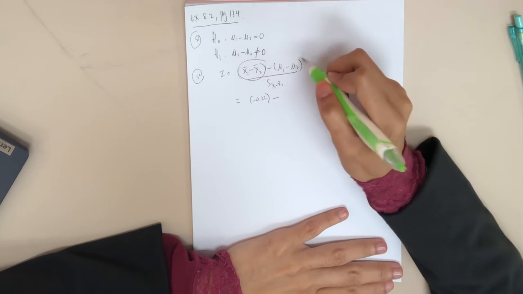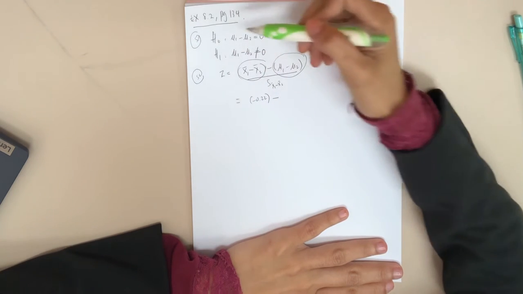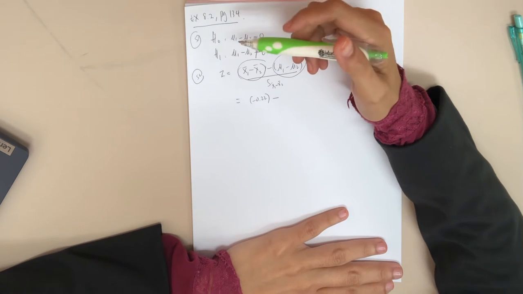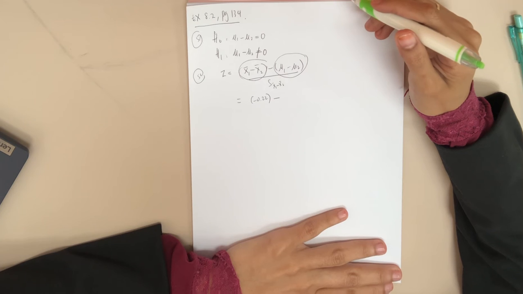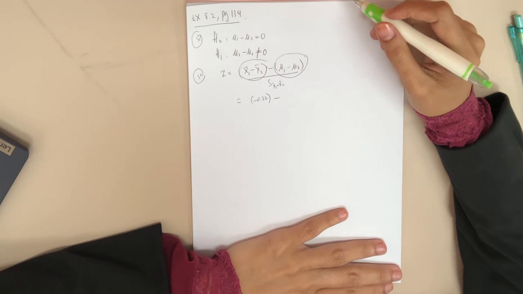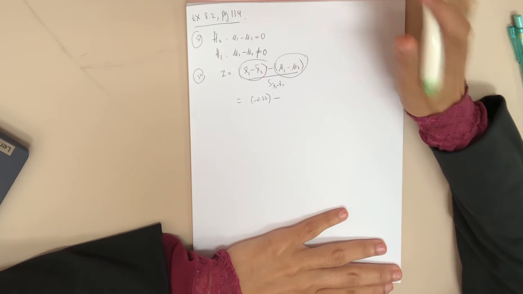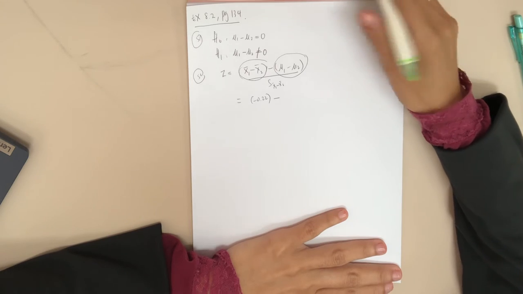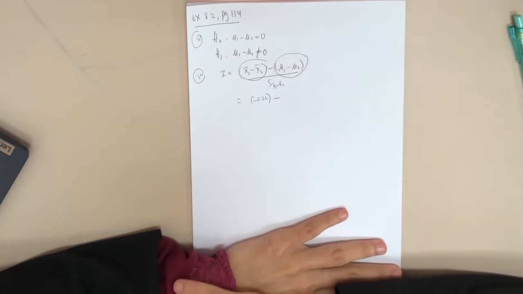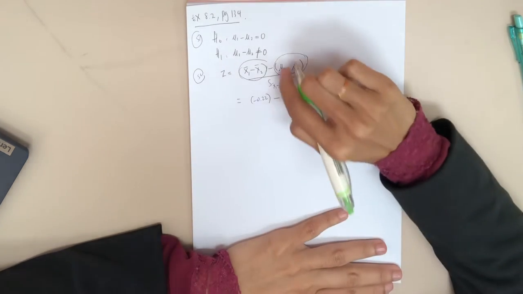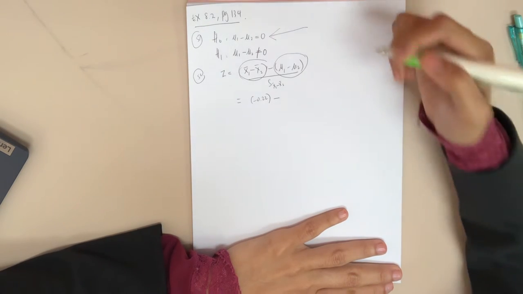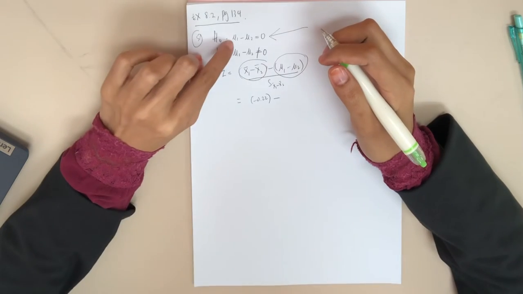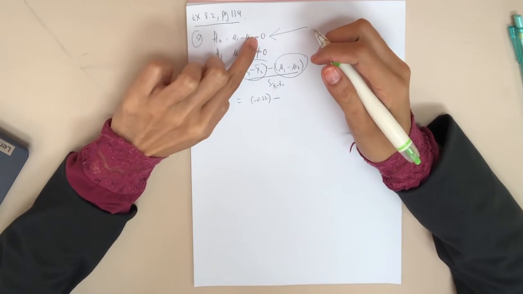How about mu1 minus mu2? The question doesn't give you the population means, so what should you do? If you already watched my slides, I mentioned that the values for mu1 and mu2 we get from H0. So mu1 minus mu2 is equal to 0.